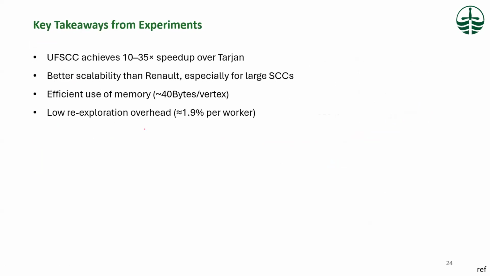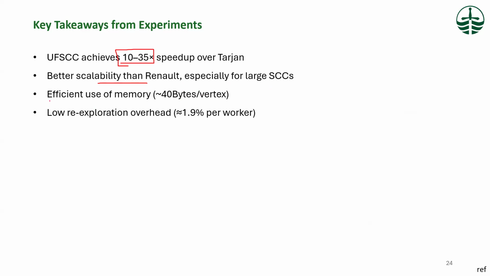So overall, after the end of these experiments, we have seen UFSCC achieves almost 10 to 35 times the speed of our targets. If we combine all of these experiments, it also shows better scalability than Reynolds when we increase the number of cores or workers.